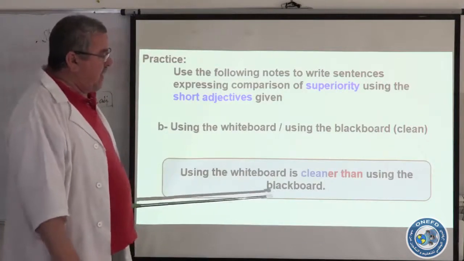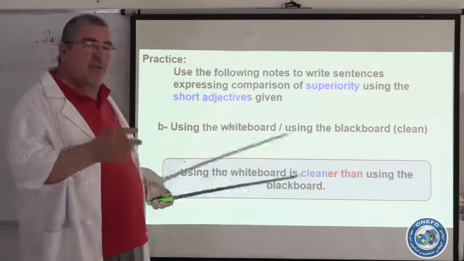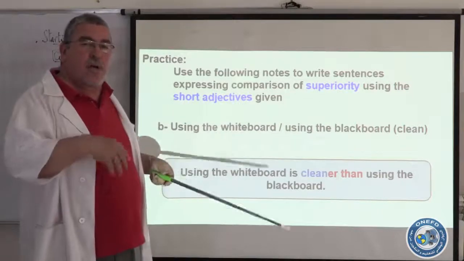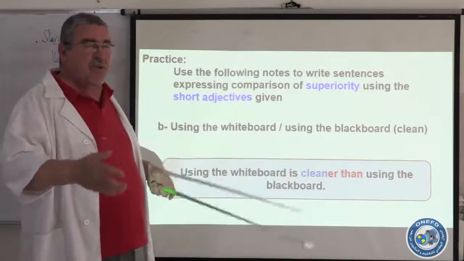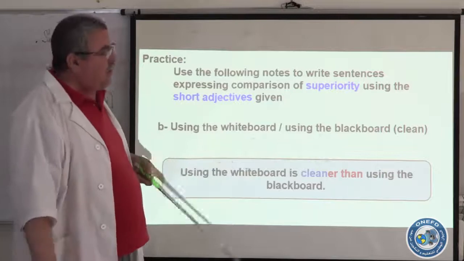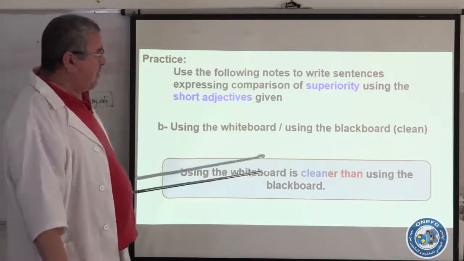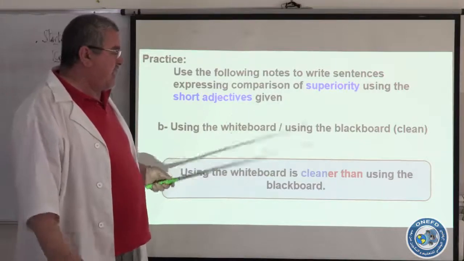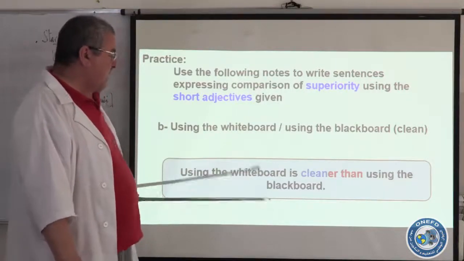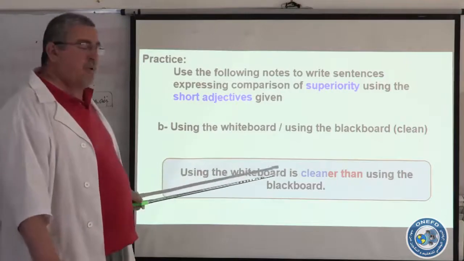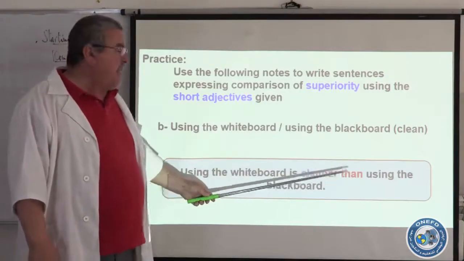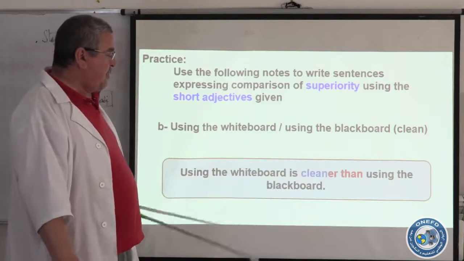You know, when we used to write on the blackboard, we used chalk and brushes and so on. There was dust and colors and so on. Whereas today, we use the whiteboard, a pen, and it's much cleaner. So using the whiteboard is cleaner than using the blackboard.